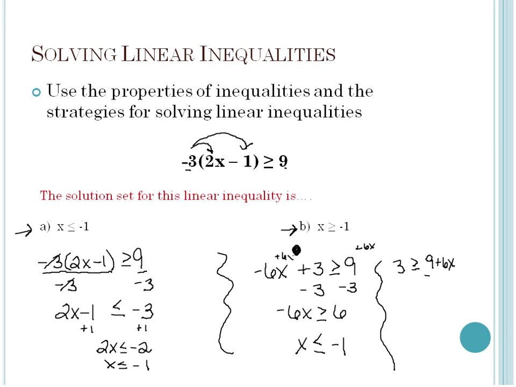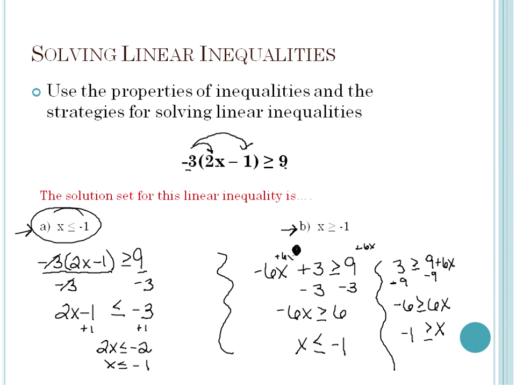And then I could subtract 9 from both sides, and I would see 3 minus 9 is -6. And now I don't have to worry about reversing that inequality. So I could just divide by 6, and I would still get that x is less than or equal to -1. So all those strategies, and I get to pick which one I like.